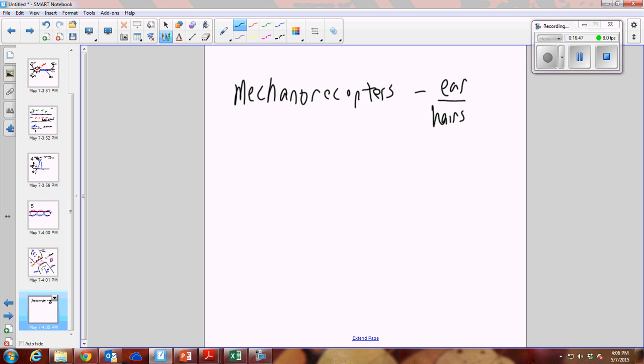And you have nociceptors or pain receptors, and they detect pain using something called substance P.